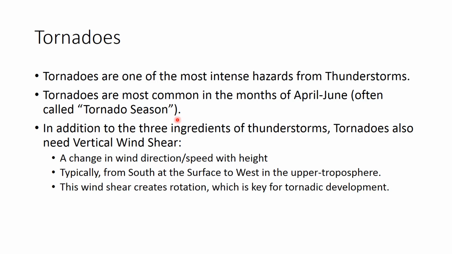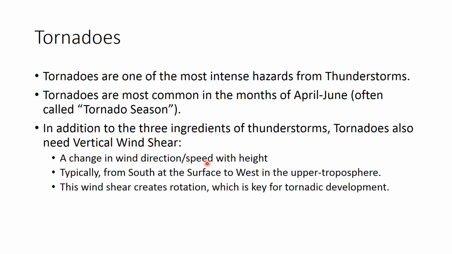So think about this. If you were to launch a balloon from the surface of the Earth and it were to float up, as it's floating up, the wind that is pushing it may actually change directions or even change speeds as the balloon is rising. That's what vertical wind shear is.